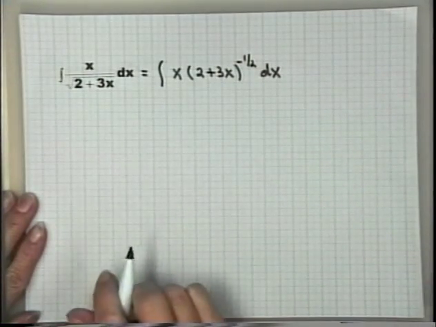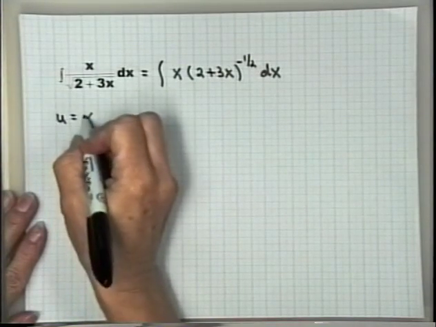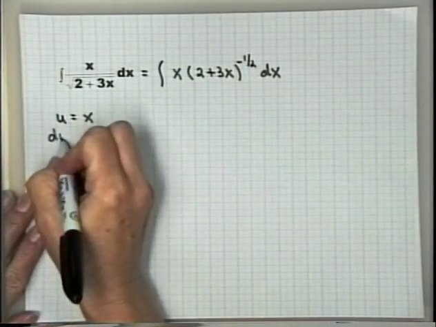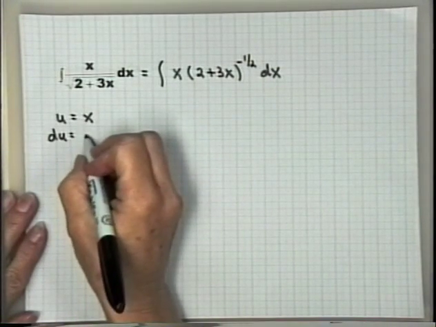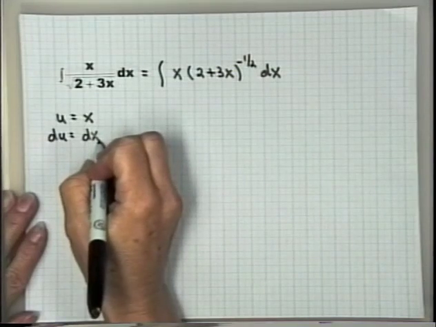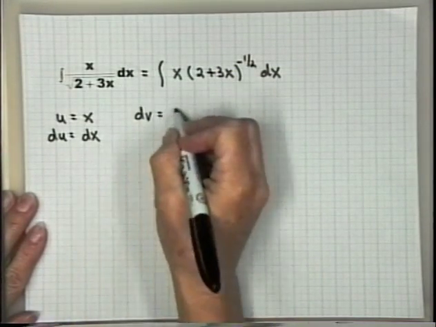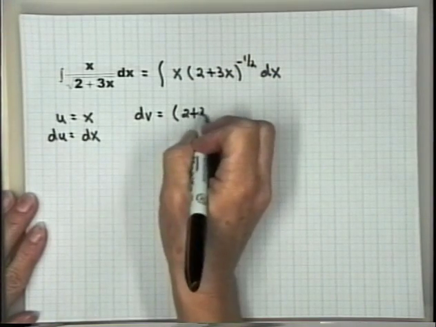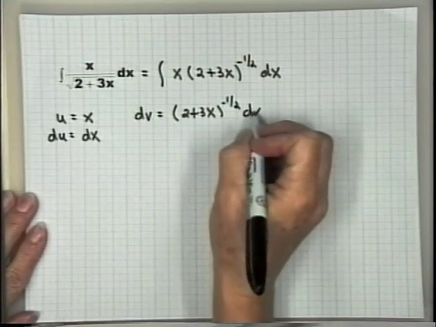Now, if we choose to do this with parts, I'm going to choose u to be x, and the reason for that choice right off hand is because I know that the derivative of x is just a 1 dx. What that leaves for dv is 2 plus 3x to the negative 1/2 dx.